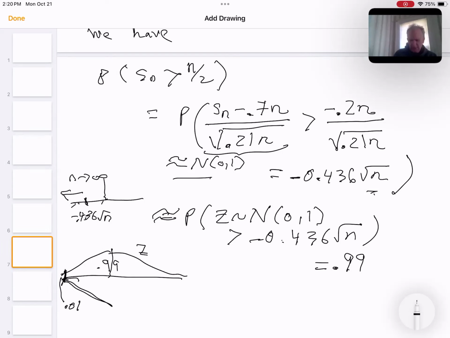It's the inverse CDF of Z, and that's called qnorm in R. So it's that point to the left of which there's 0.01.